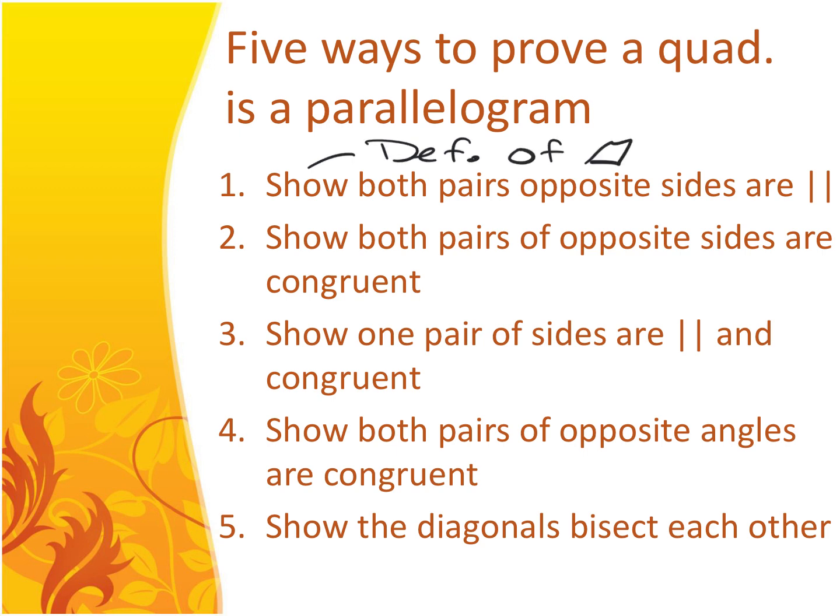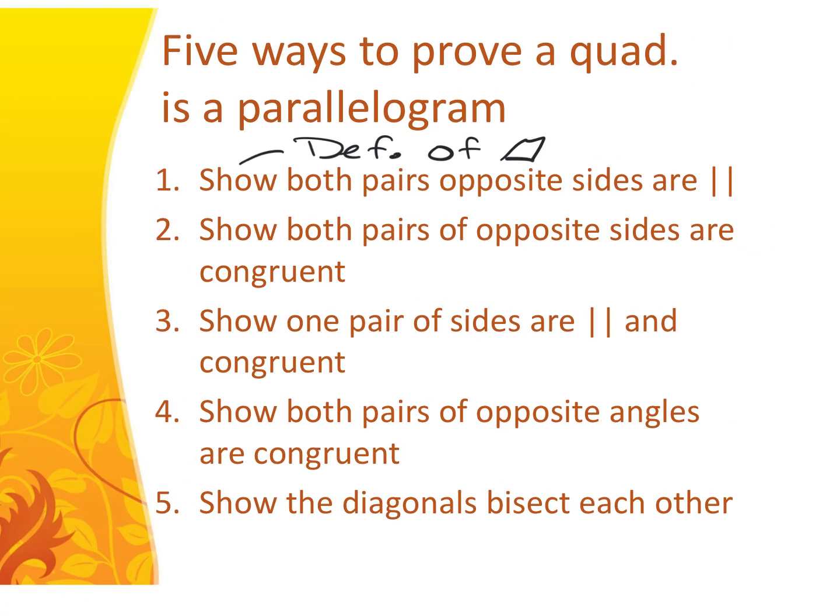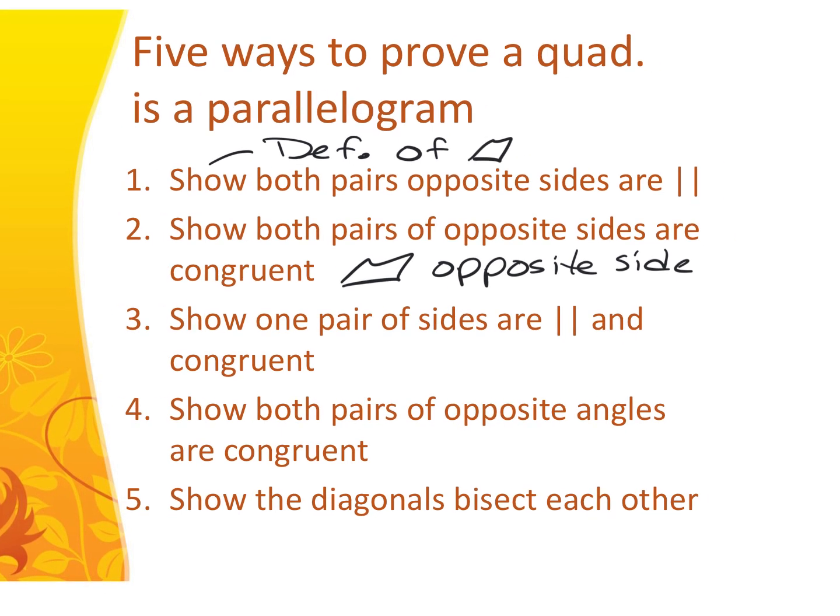Number 2, show both pairs of opposite sides are congruent. This is my parallelogram, opposite sides, converse. Number 3, show one pair of sides is parallel and congruent. This is our new theorem.